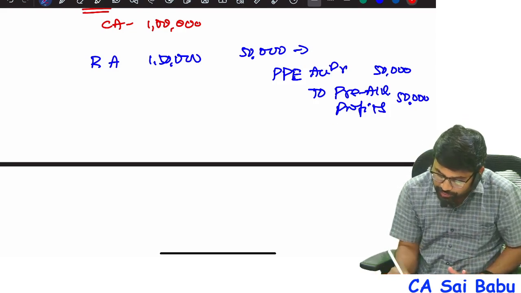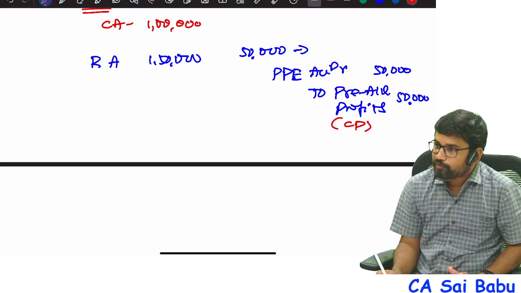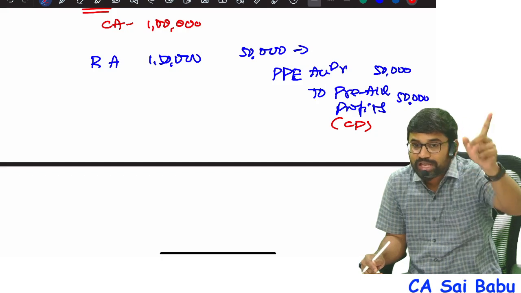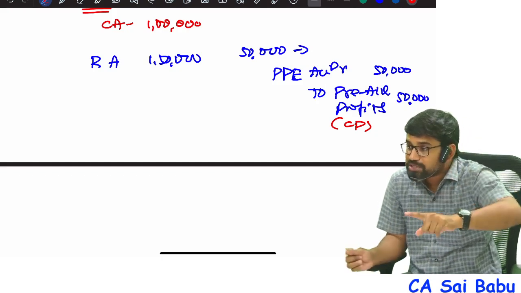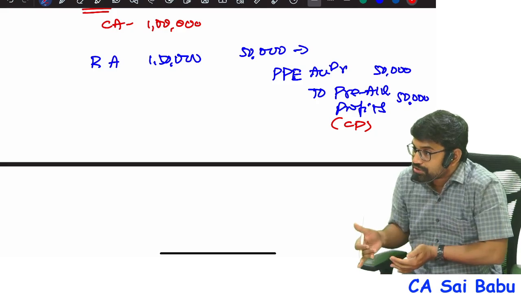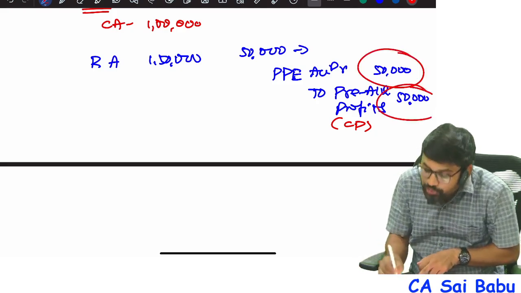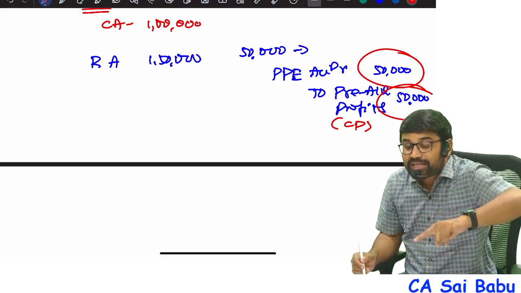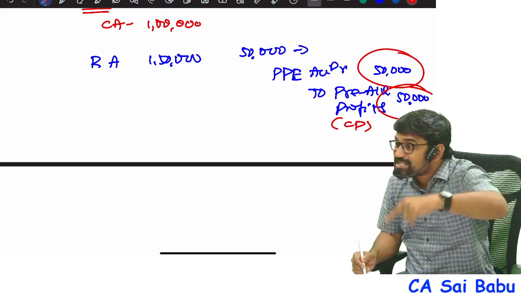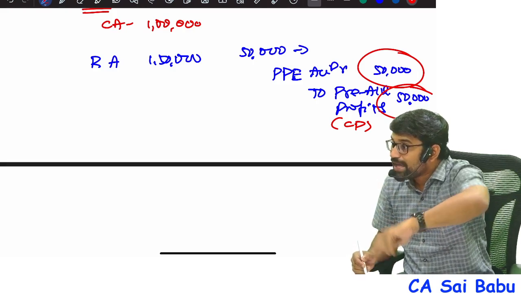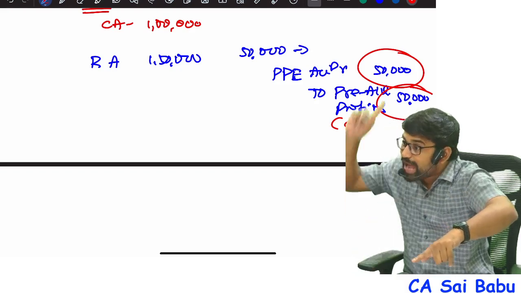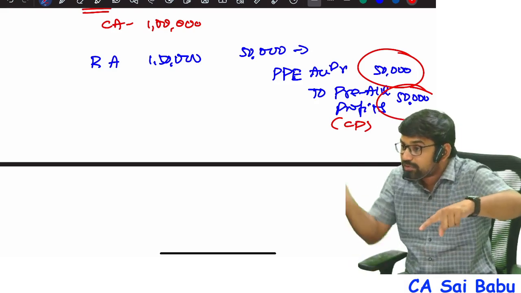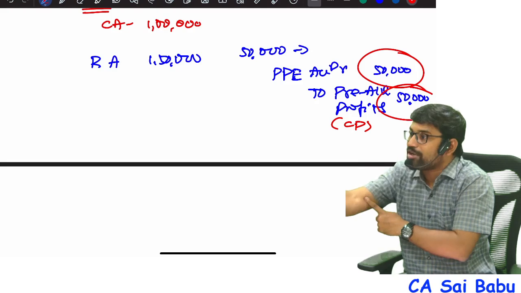And these pre-acquisition profits are nothing but which profits? Capital profits. And you know what to do. In step number 3, you analyze pre and post. Once you analyze pre-post, in step number 4, you need to apportion. That means this profit is also apportioned between the parent and minority interest. And parent company share in the pre-acquisition profits is adjusted to cost of investment. Parent company share in the post-acquisition profits will be added to consolidated reserves. Minority shareholders share in the pre and post-acquisition profits of subsidiary will be added to minority interest.